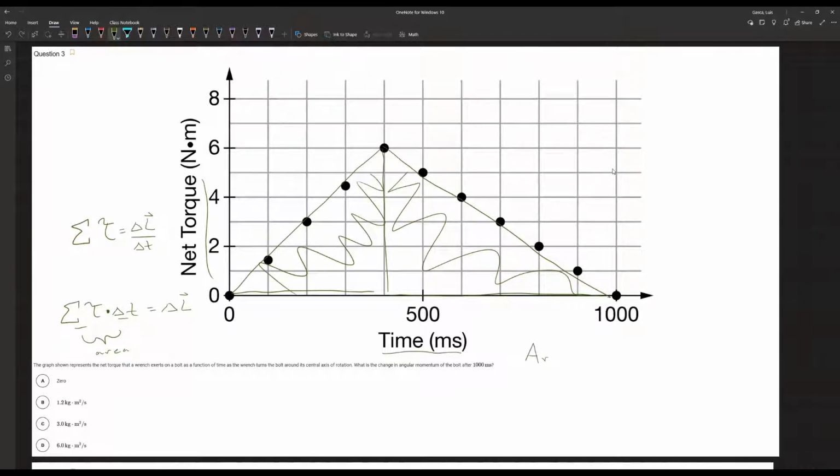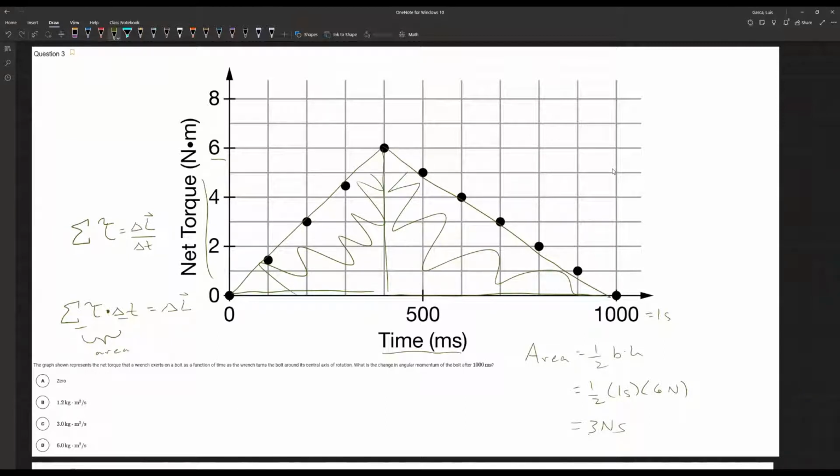The area is going to be 1/2 the base times the height. The base is 1,000 milliseconds, aka 1 second. What's the height? The height here is going to be 6 newtons. And what we find out is that 6 times 1 is 6, divided by 2 is 3 newton seconds.